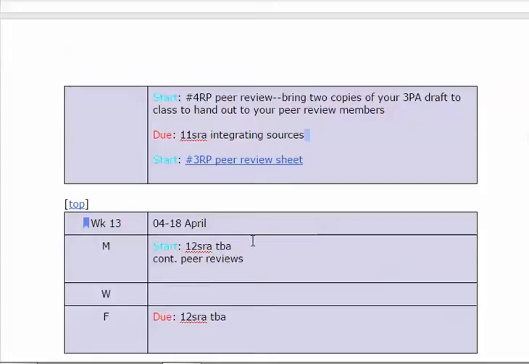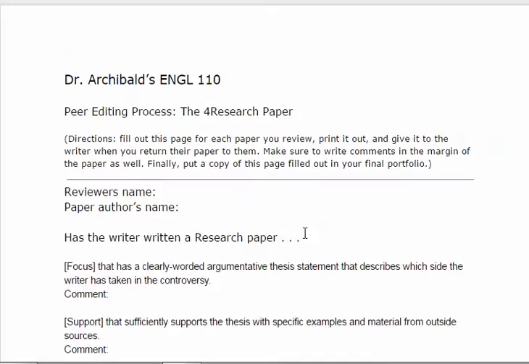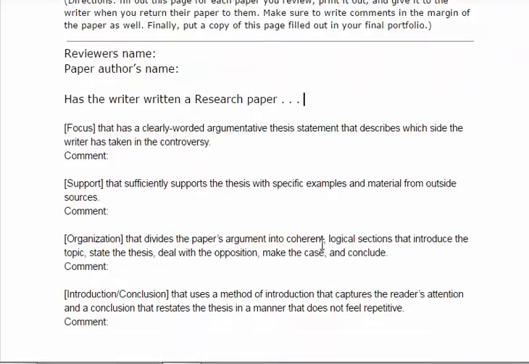Here's the peer review sheet. You should have shared it with me and with your peer partners. So you fill this out for each one of the papers you review. You look at the thesis, you look at the support for the thesis, and remember the thesis should be written in a way that previews what the paper is about.